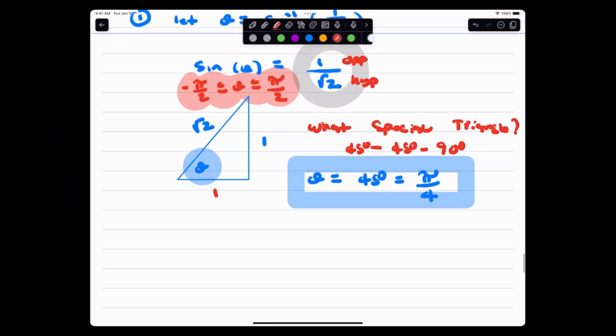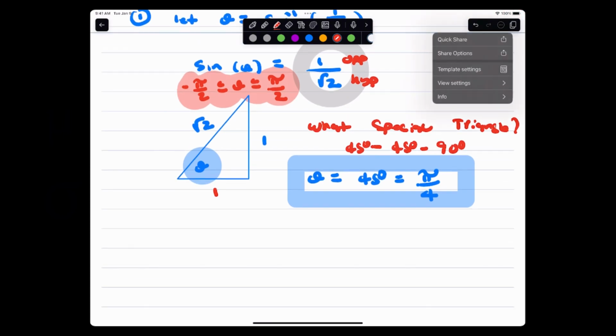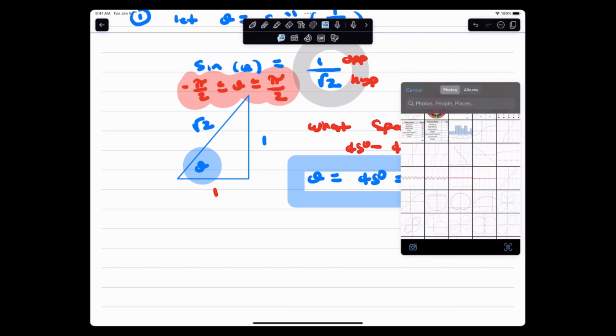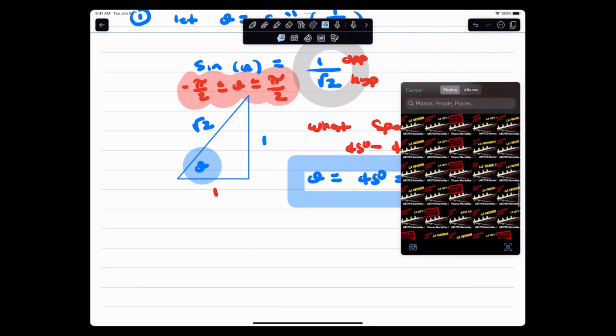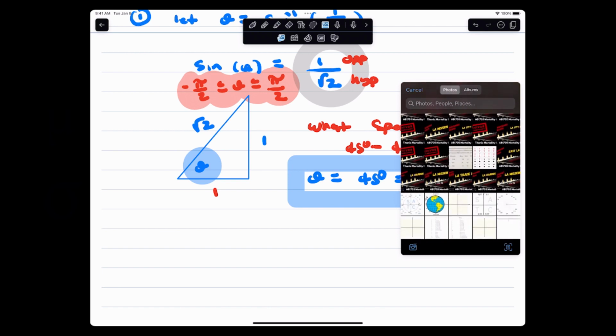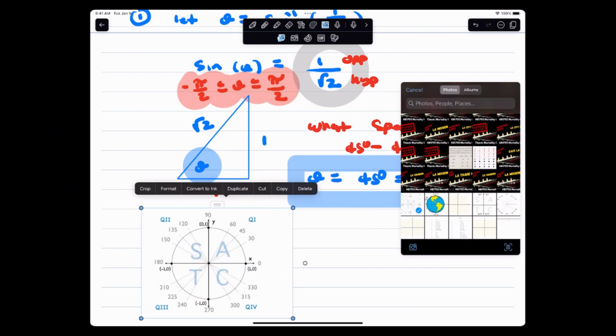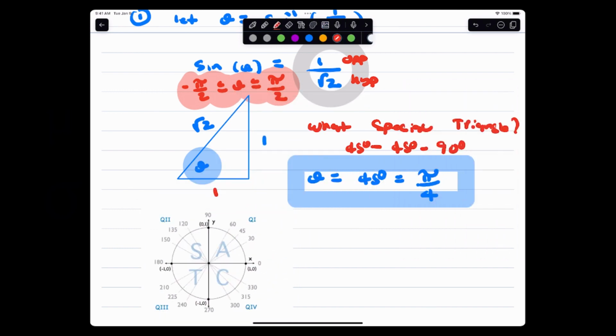And you say, well, what does that mean? Well, let's go back. And remember, we're going to input that picture here. The sine curve is right here.